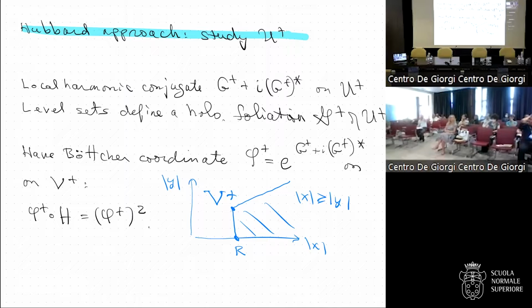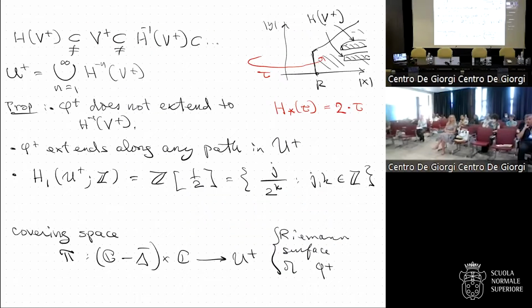So in fact, this function phi is well defined on the set V plus. Okay. Well, it's easy to see that when you take V plus and map it forward, it goes around twice, maps inside itself. So when you come backwards, you get bigger. The whole escape region is the union of these pre-images of V plus.